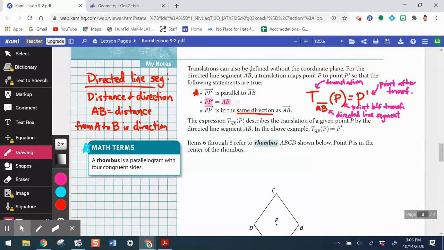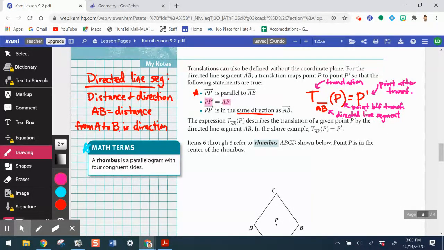And so recall that when we write 2 letters of a segment without the segment symbol above it, we're talking about that actual distance. And then I also want to point out when the directed line segment is AB, we're talking about from A to B. So we're talking specifically in that direction.